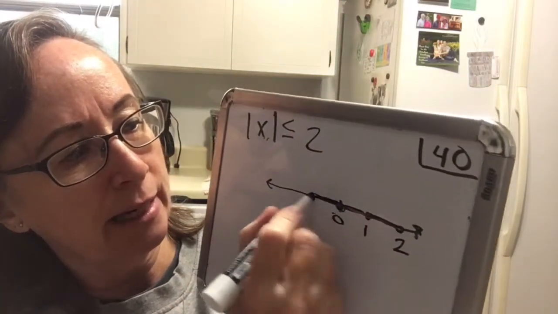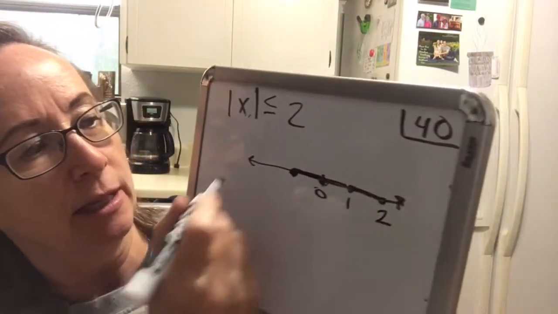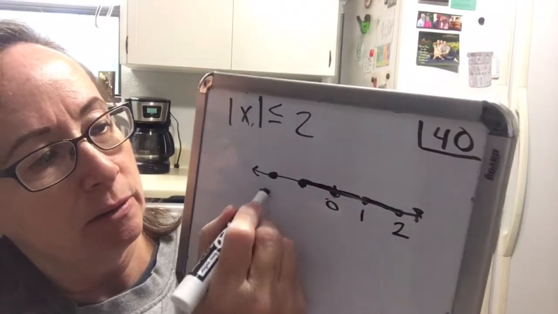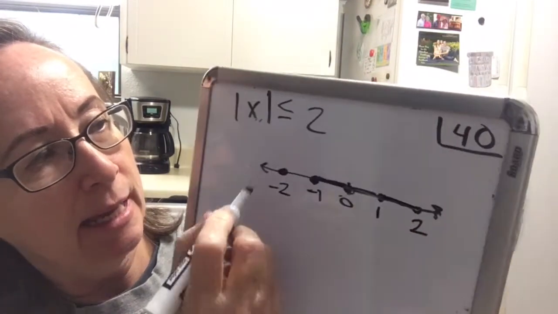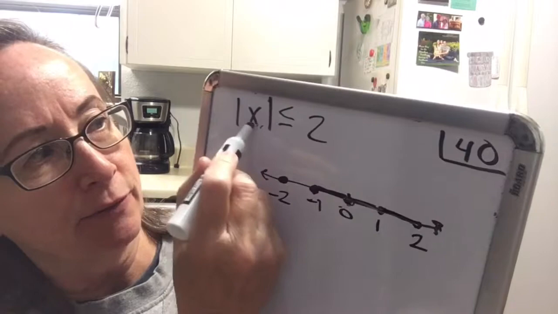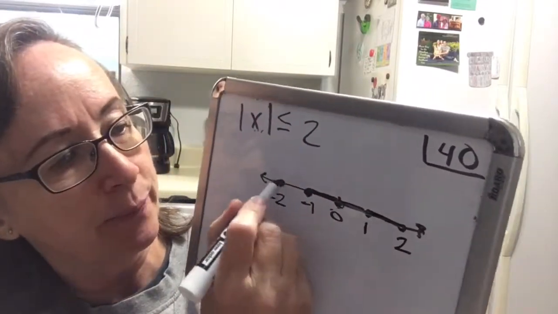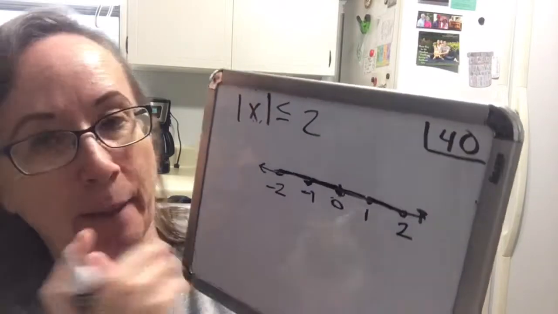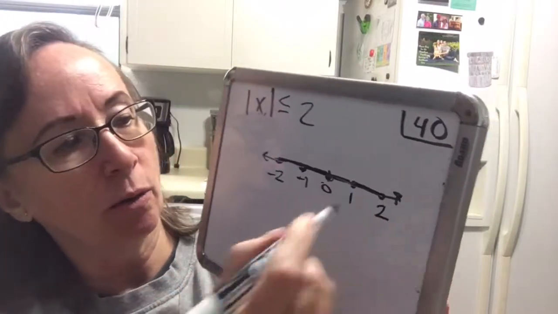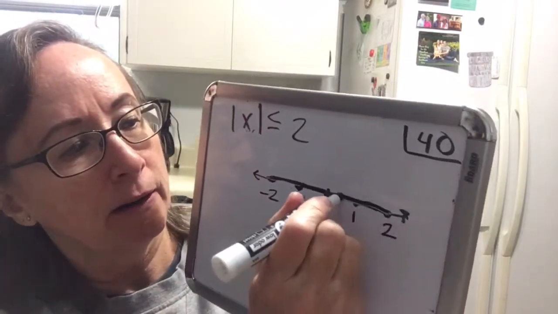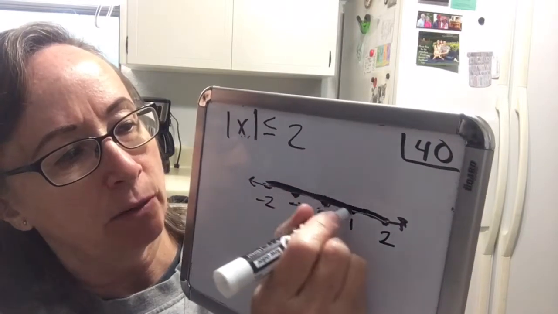So this goes here. This is part of the solution. And then negative 2 is also going to work because negative 2 will become a positive 2, and 2 is less than or equal to 2.